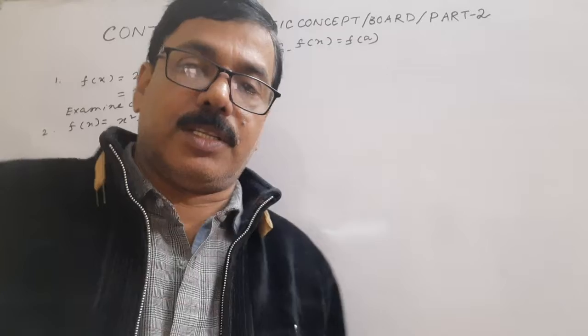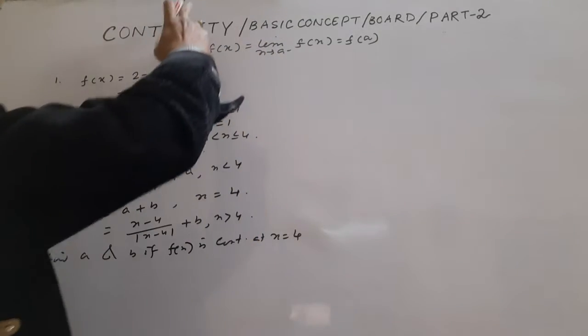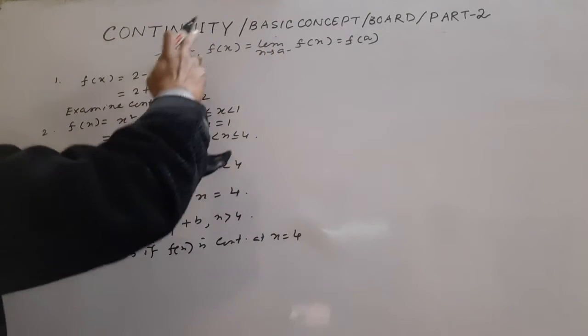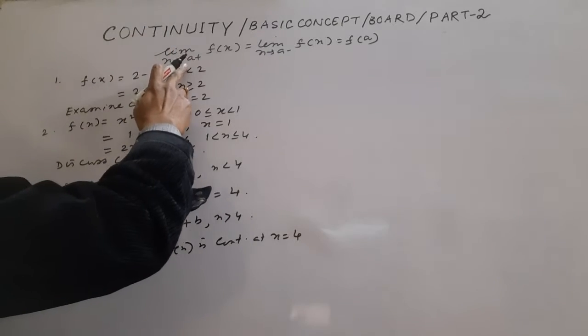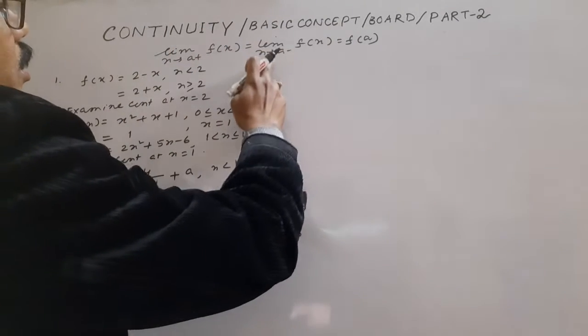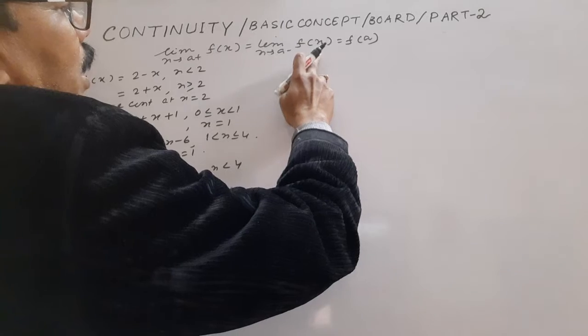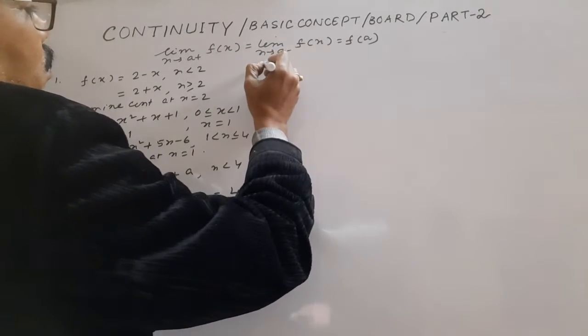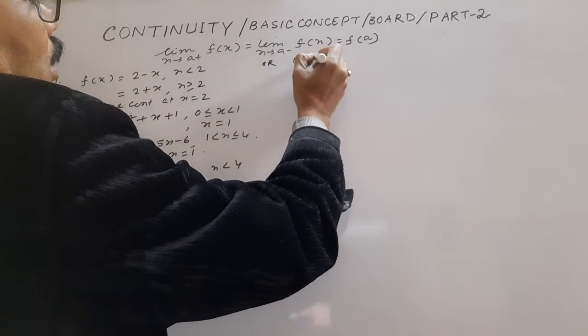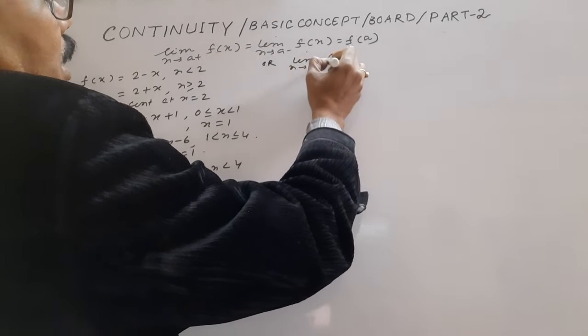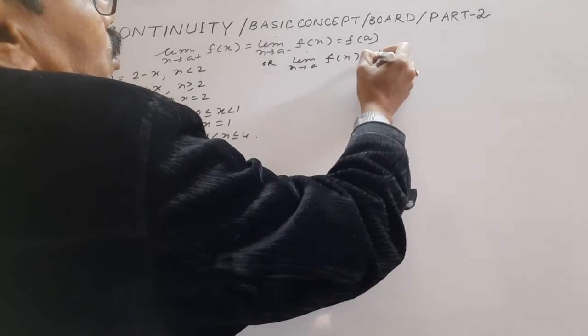So, what is the definition? A function f(x) is said to be continuous at a if limit x tends to a plus f(x) equals limit x tends to a minus f(x) equals f(a), or limit x tends to a f(x) equals f(a).